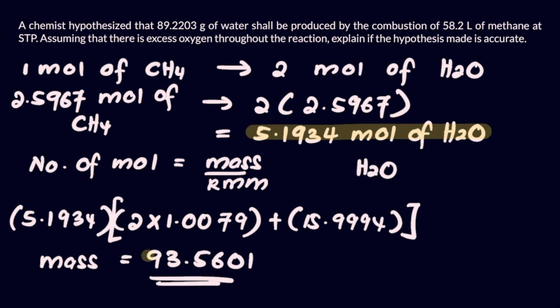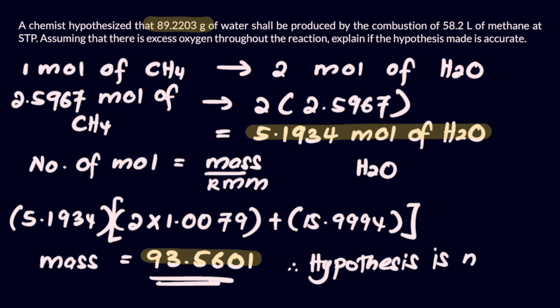So what you need to do now is to compare this value with the value that they provide in the question. It is not the same, therefore the hypothesis is not accurate. Right, so this is the final answer for the second question.